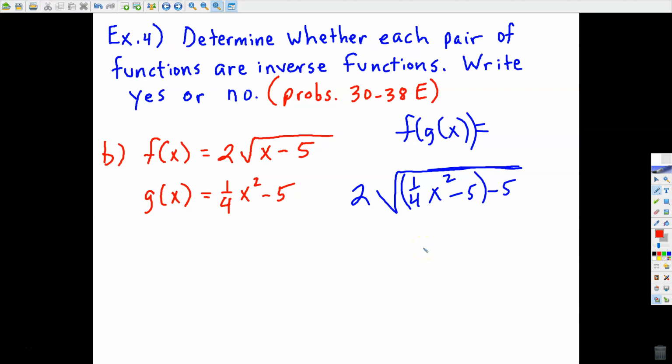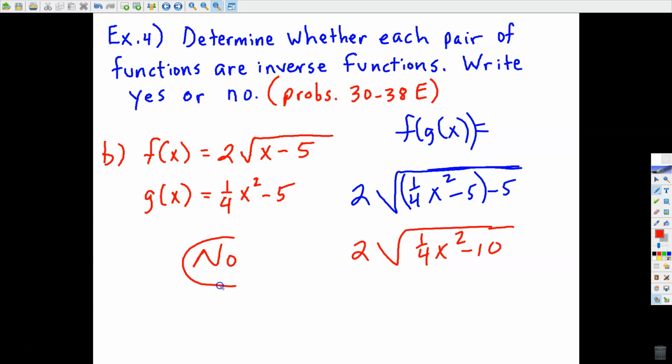And it's probably pretty obvious that we're not going to get x when we do this. 2 times the square root of 1/4 x squared minus 10. There's no possible way to get just regular x out of this. And since we didn't get x with this composite, there's no need to try the other. So my answer for this example is just going to be no.